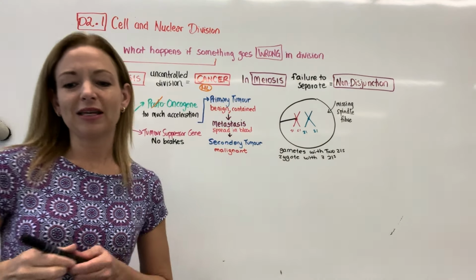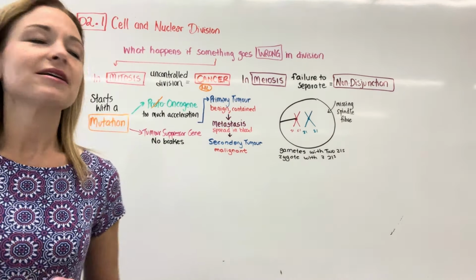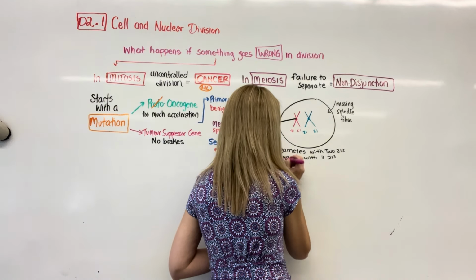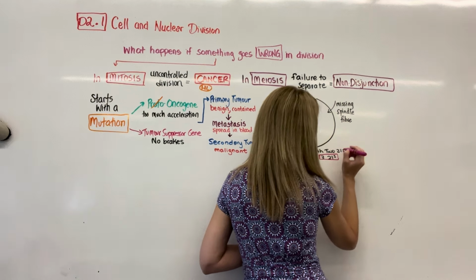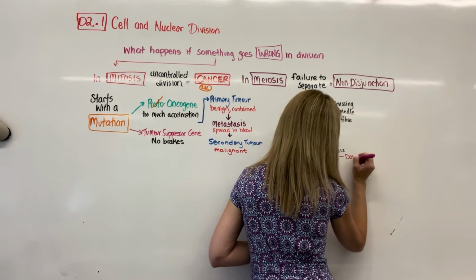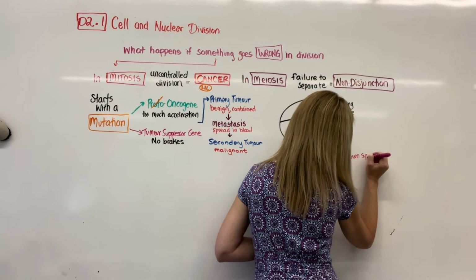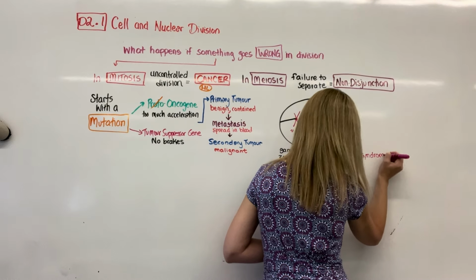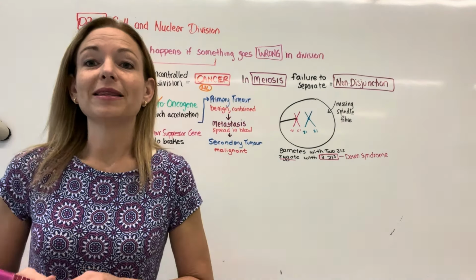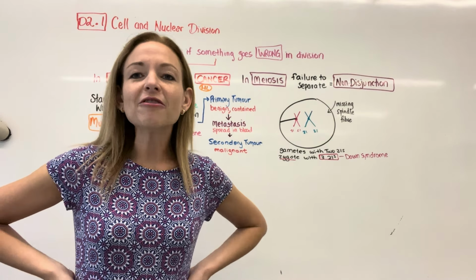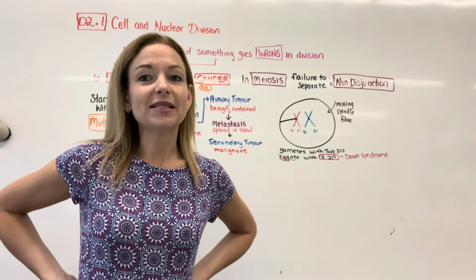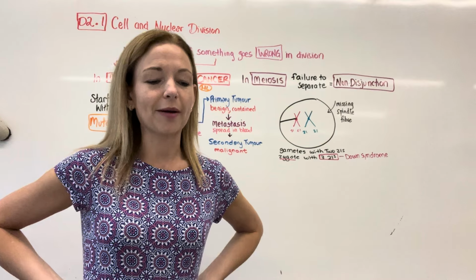And so if you end up with a zygote that has the wrong number of chromosomes, that is where the problems arise. And if it was 21, that would be Down syndrome, which is the one they said you would need to know as kind of your example one. But do bear in mind this happens with all the chromosomes. It's just normally non-compatible with life and is the cause of infertility or miscarriage instead of kind of chromosomal abnormalities.